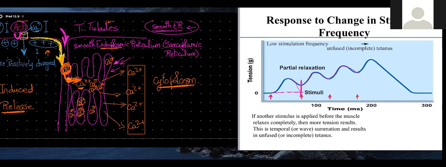I didn't allow a full relaxation to take place. And when I get another stimulus before I completely relax the muscle, what's going to happen? You will notice that the next muscle contraction is going to have a much higher tension.